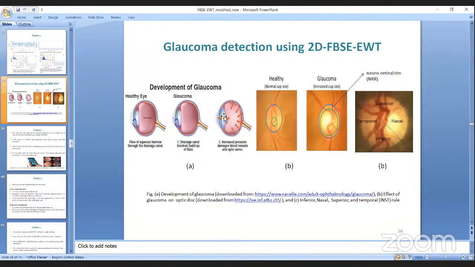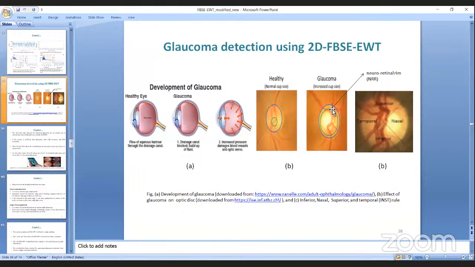And we go for fundus images for diagnosis of glaucoma. When you go to the doctor, they take images with the fundus camera, and based on normal cup size versus increased cup size, they detect the glaucoma disease. In the healthy case, this is the normal cup size, and in the glaucoma case, the cup size is increased.